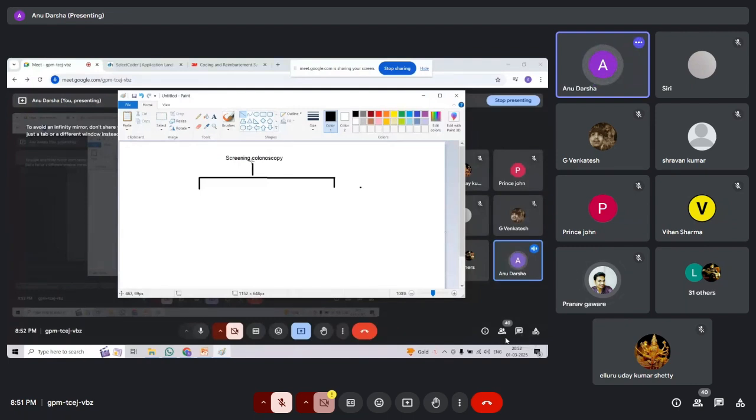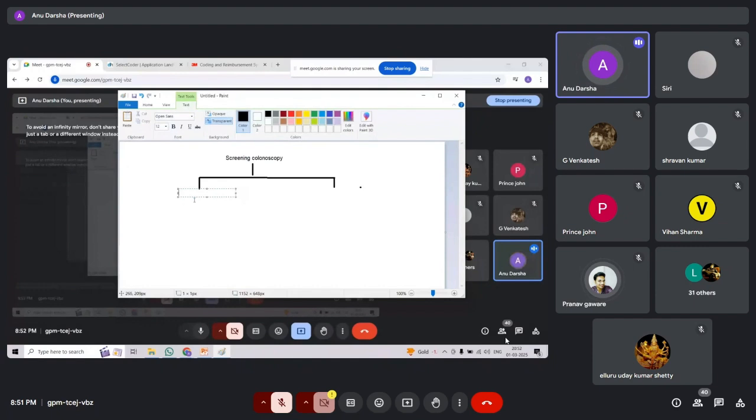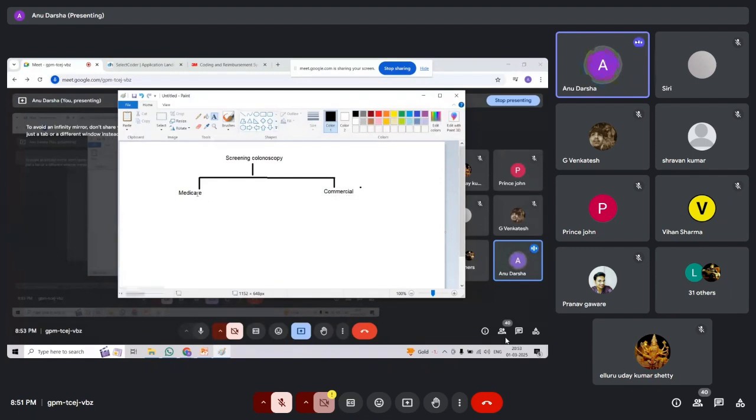So, screening can be on two types of patients. One is for Medicare, and here it is commercial. Okay, so first thing you have to check is which payer it is. So first we are talking about Medicare.